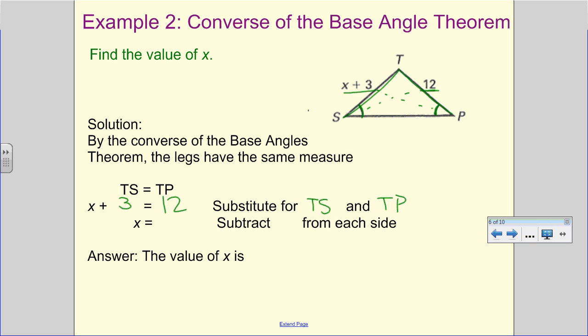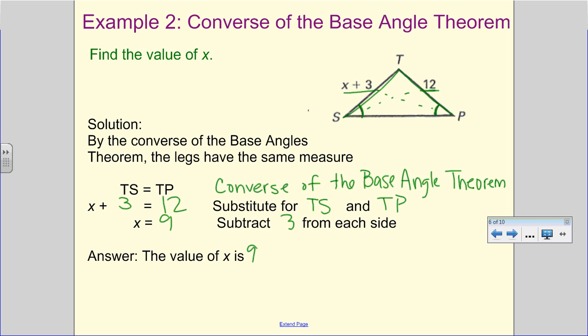The reason I know TS is equal to TP is the converse of the base angle theorem. All right, then you're going to subtract 3 from each side, and you get x is equal to 9.